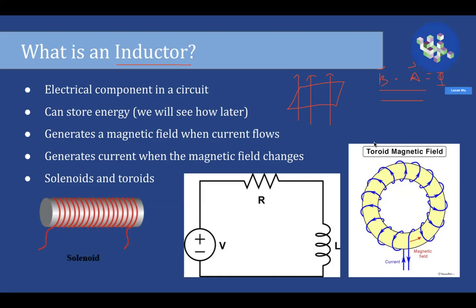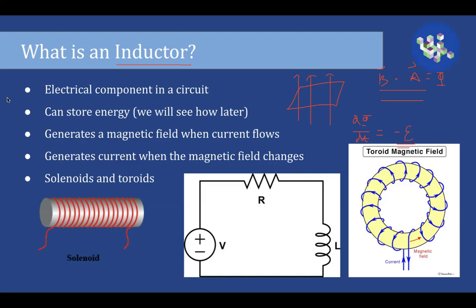We said that if I have a changing flux, d flux over dt, it creates a voltage difference across the wire loop, equal to negative epsilon. Because of that, there's going to be a current generated in the loop.